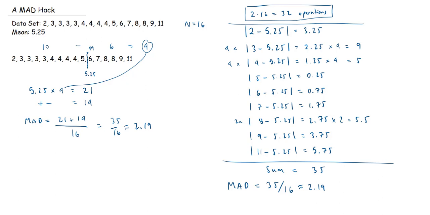We had to do this difference, so that's 3. Multiplying by the mean, so that's 4. And then we had to do the sum and differences. So there's 16 data points, so that's 15 operations. So we're up to 19. And then we had to add 21 and 14, that's 20. And then we had to divide by 16, so that was 21. So we ended up doing 21 operations.